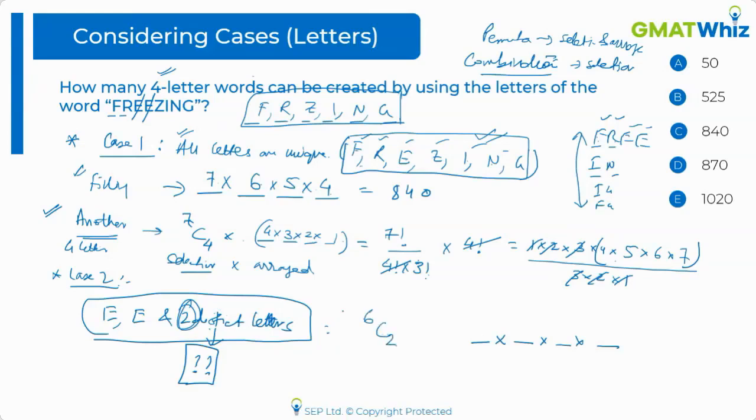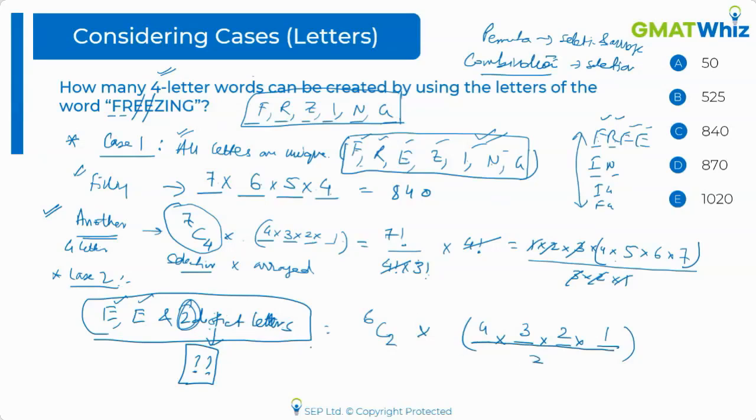This helps me decide which 2 I want, the same way I decided which 4 I wanted here. Why am I just choosing 2 of them? Because I already know that I need to take 2 E's. So 6C2 helps me decide which 2 I want. Now I need to arrange them. So I'll say 4, 3, 2, 1. But since there are 2 E's, I would divide this whole thing by 2.